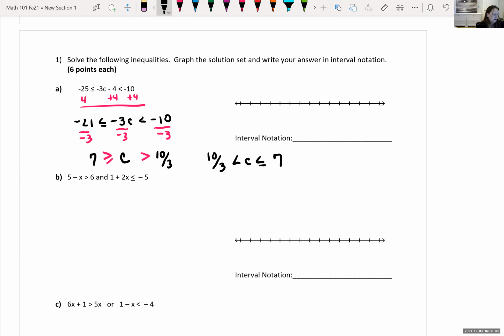Oops, I made a mistake. When I added 4 to negative 10, this should have been negative 6. So that's going to be negative 6 over negative 3, which is 2.